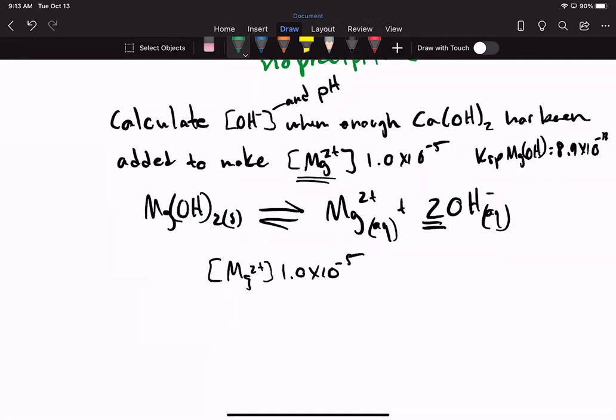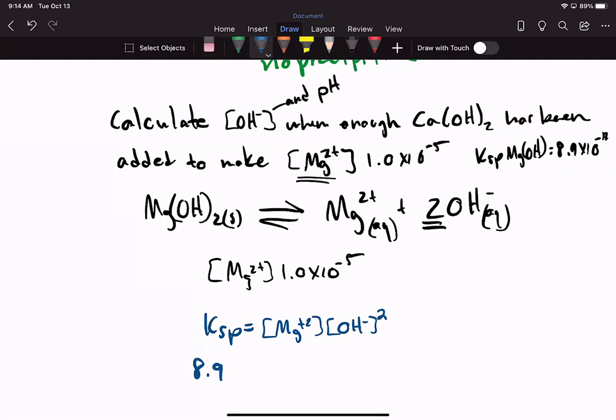Let me do a quick calculation, because we do have the KSP here. So we actually should be setting up like this: our KSP is equal to this concentration here, squared.